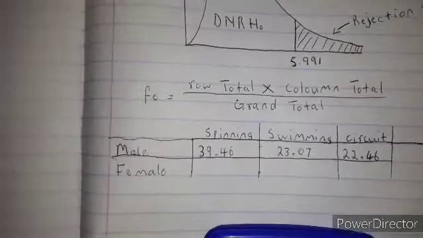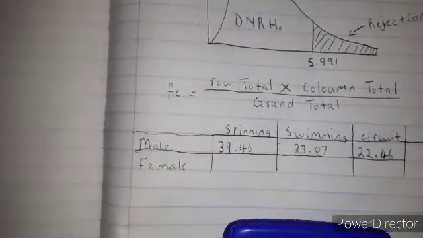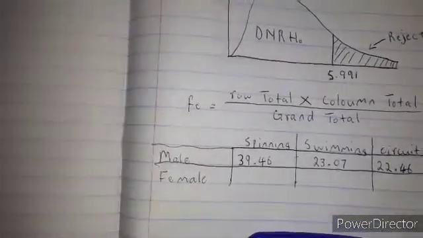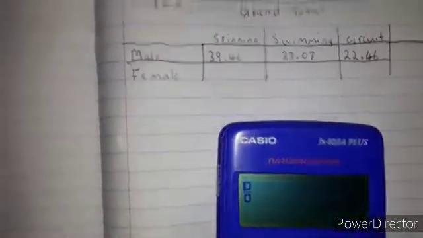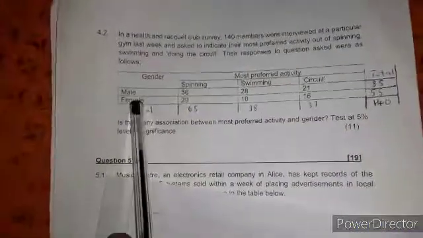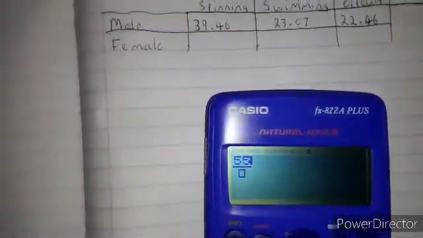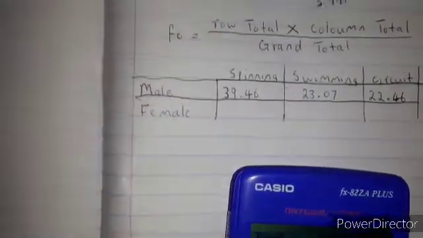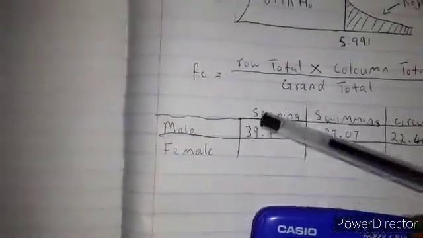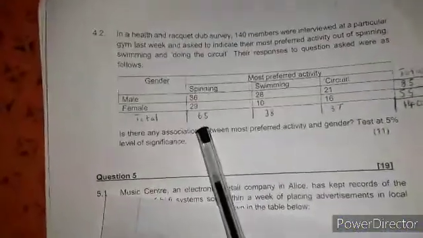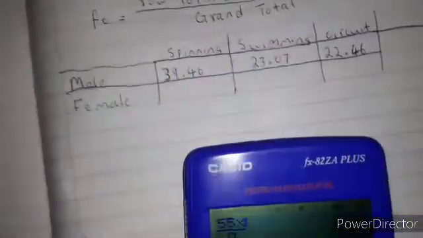Then move to the next row, which is the female row. The row total of the female is 55. So 55 multiplied by the column total, we are on the first column, which is the spinning column, 65.